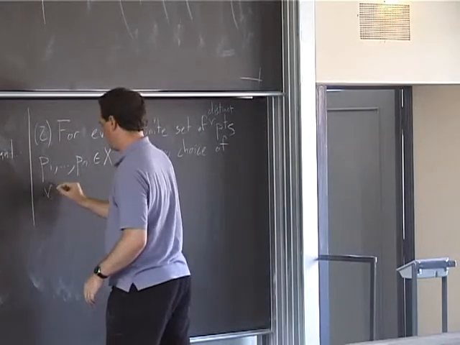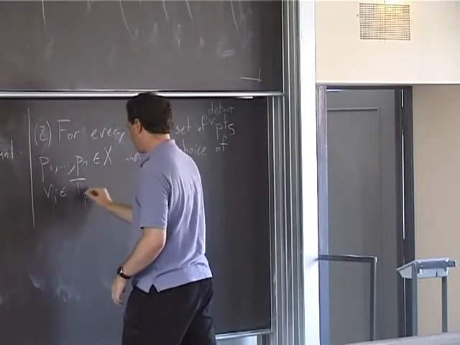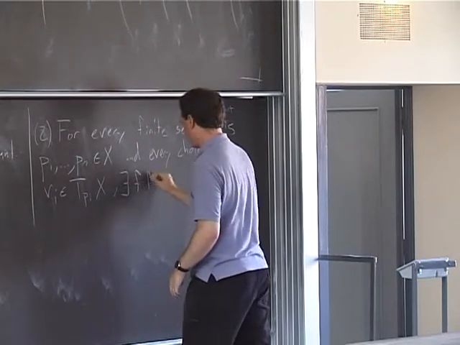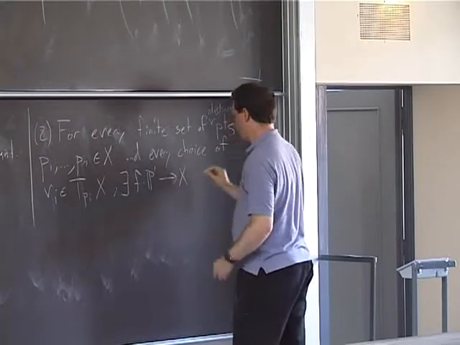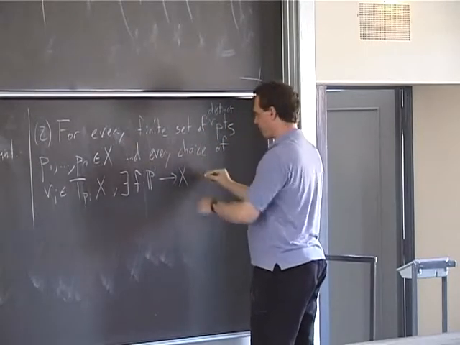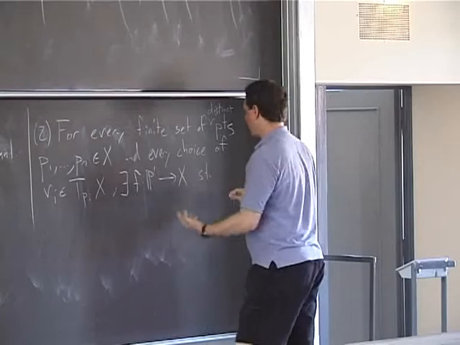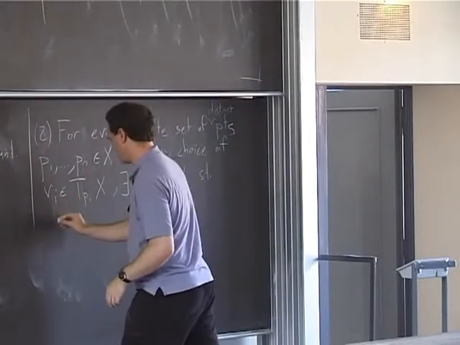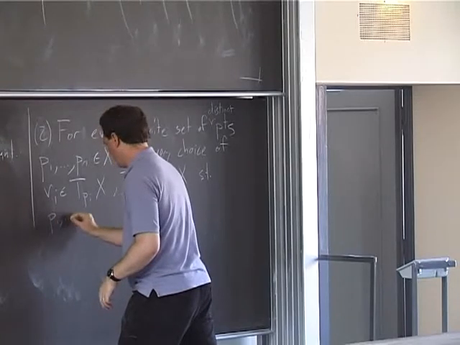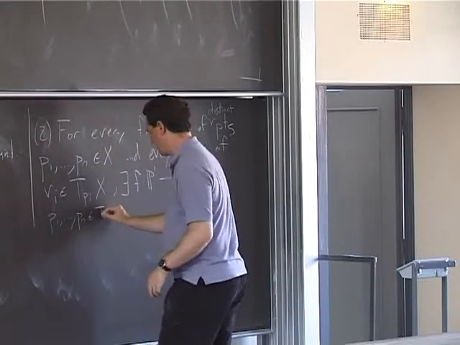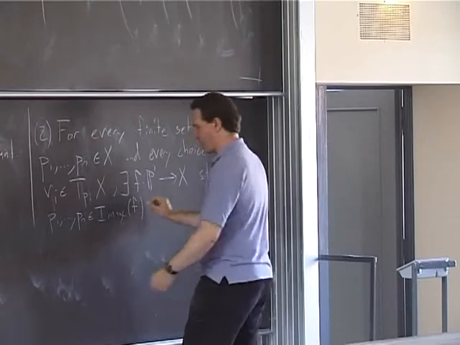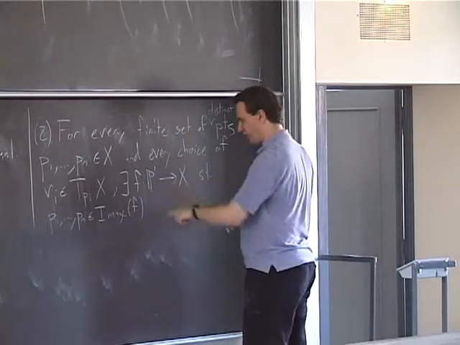So a choice of some element in the Zariski tangent space of X, there exists a morphism from P1 to X such that all of these points are in the image. The morphism is an immersion at each of these points, and the tangent vector is in the image of the derivative map, such that P1 through Pn are in the image. I mean, you can even specify which points in P1 map to these points, but such that these are all in the image.